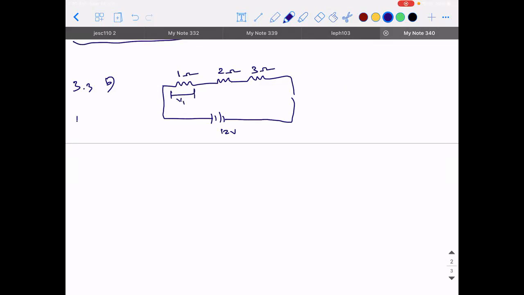We need to find what is the potential difference here, here, and here. So V1 plus V2 plus V3 is equal to how much, guys? It is 12 volt, because in series connection, the current is going to be the same, whereas the potential gets divided into many parts, right?